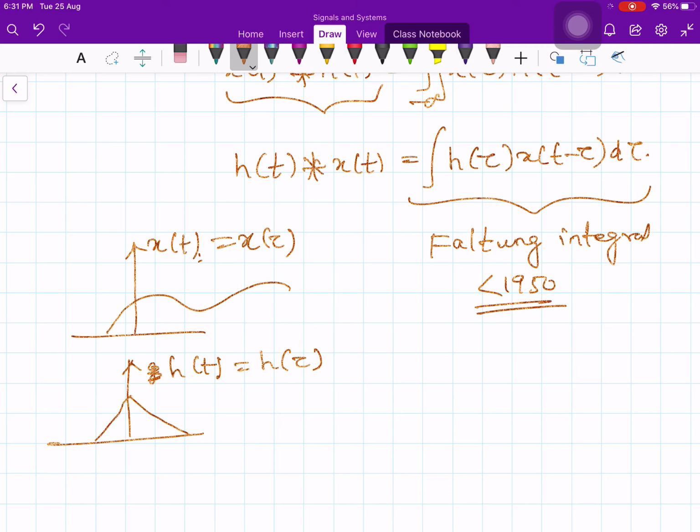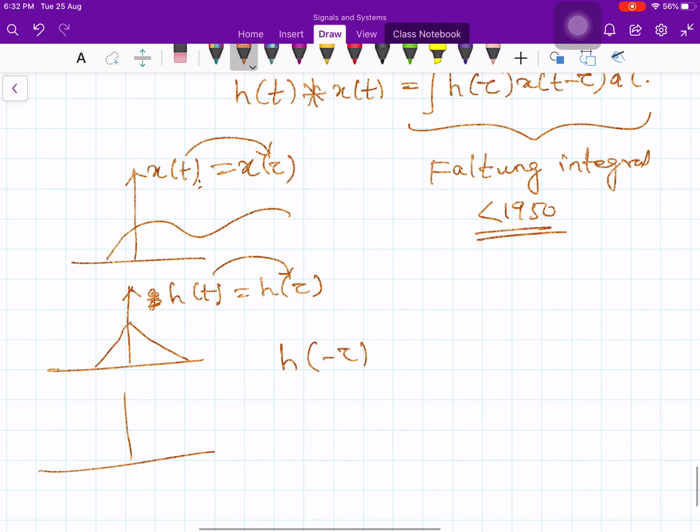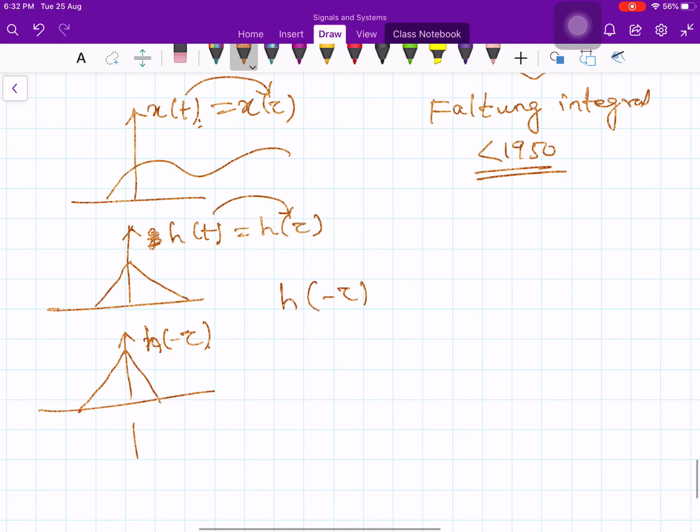Now the next step is to fold any one signal, let us say h of minus tau. Therefore this becomes like this, h of minus tau, and then delay it, depending on the value of t. Move it to the right. So h of t minus tau, by t units you move to the right, if t is positive.